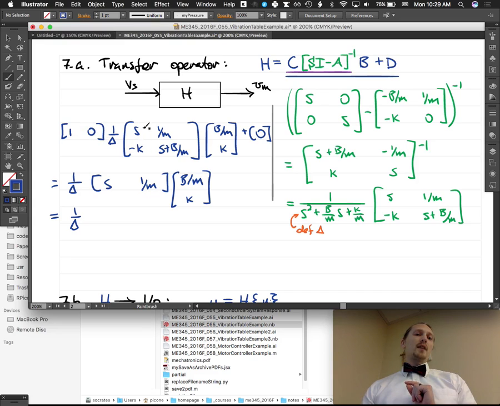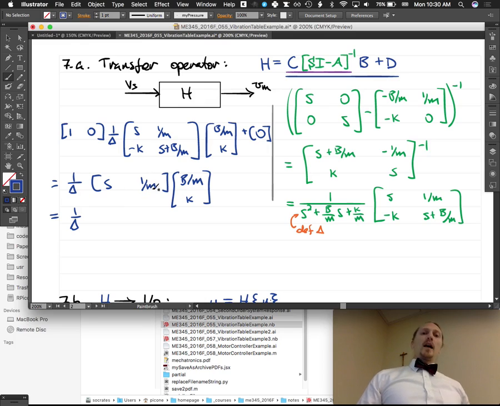So 1 times S plus 0 times negative K. And then the second element's going to be 1, so this row and then this column. So 1 times 1 over M plus 0 times this. Yeah. And we're still left with this.